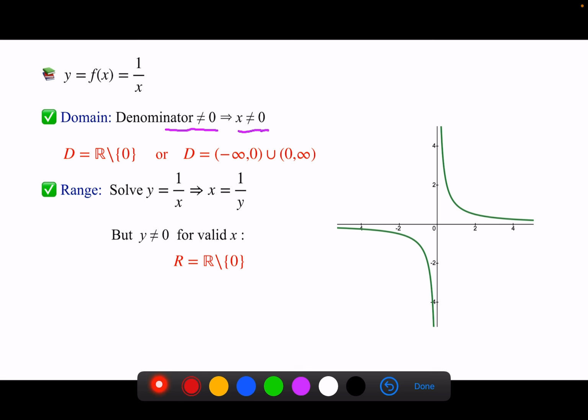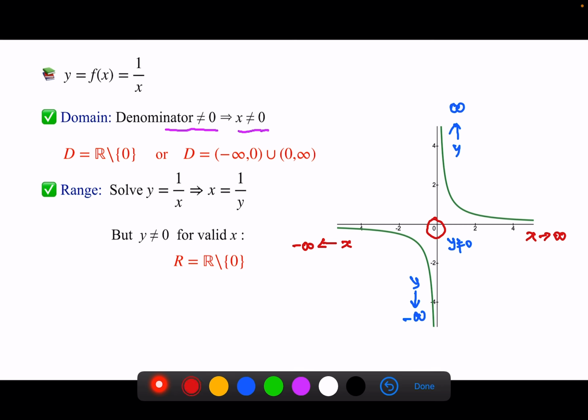From the graph also it is clear that x goes from minus infinity to plus infinity except the value 0. Also, for the vertical values, the y values, you see y tending to infinity, y tending to minus infinity also, but y is not equal to 0.